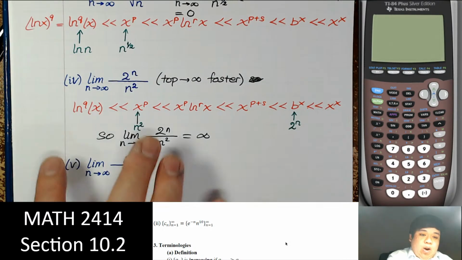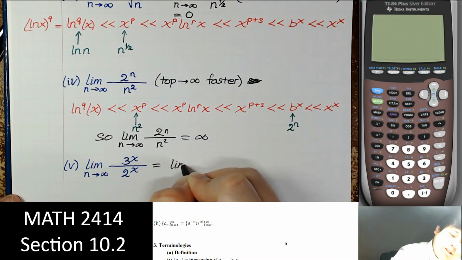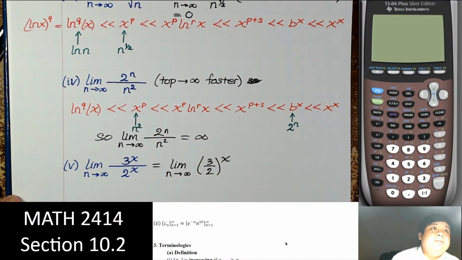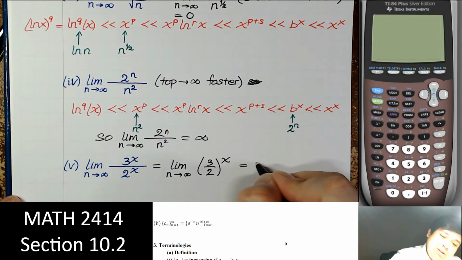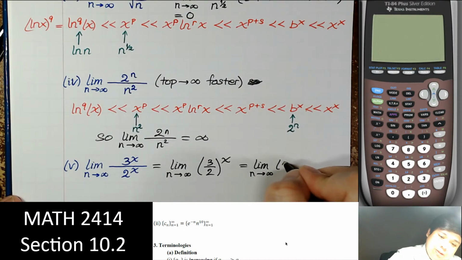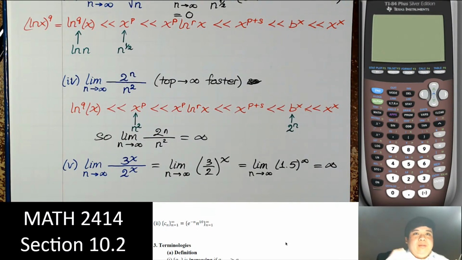Right. We cannot really put anything on this list. However, we can write it like this. 1.5 to the n just keeps getting bigger and bigger.